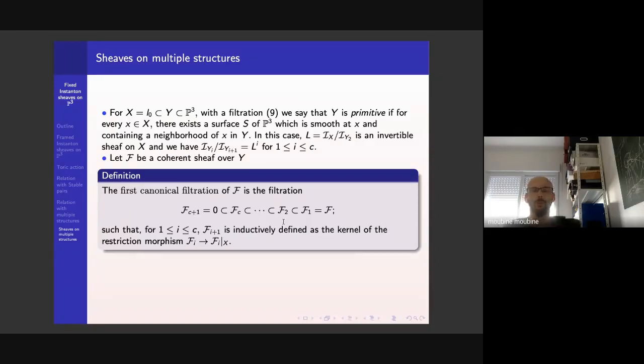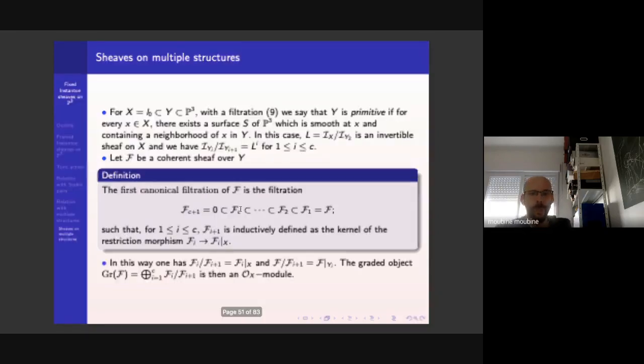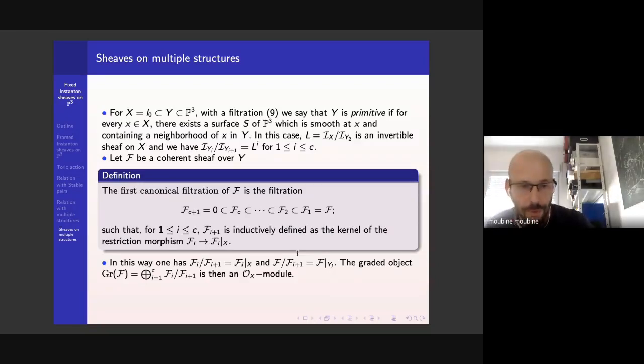Then you restrict F2 to the simple structure, and you take its kernel, which is F3, and you complete this procedure, and you get all the terms. Okay, there is another filtration called the second canonical filtration, but I'm not telling you about it because I will not use it. So this allows us to define a graded object, which is an OX module. So this is a sheaf on the simple structure.